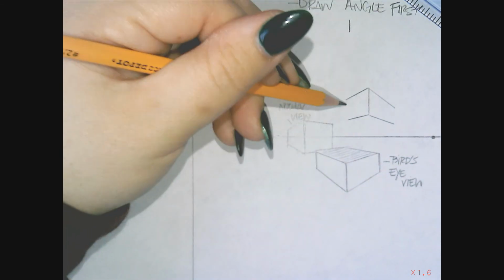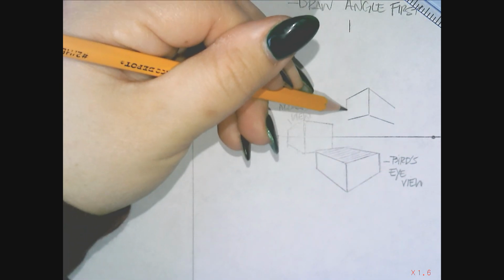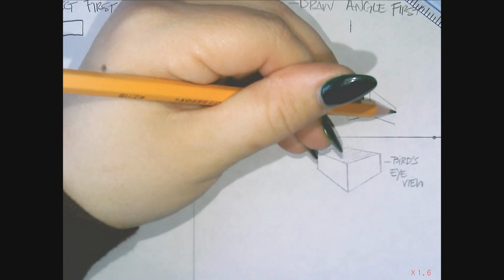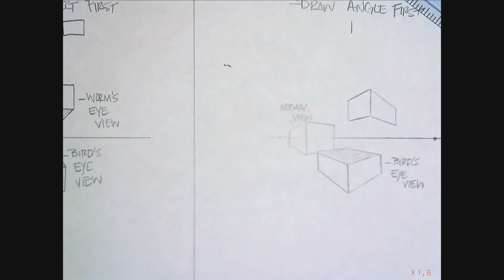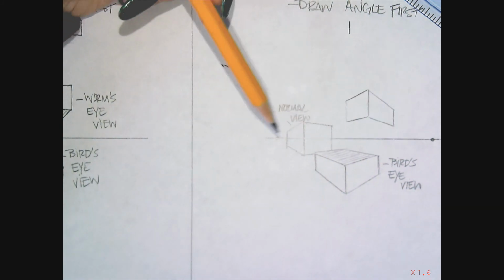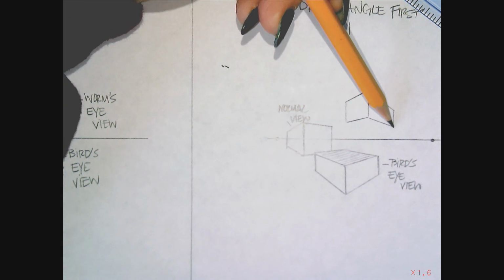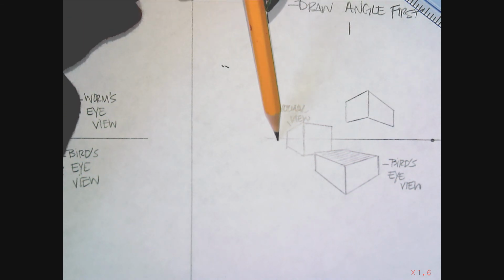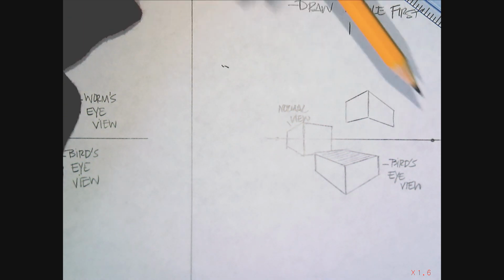Connect these down with a vertical line. And now to do the bottom, again, we want to use the opposite vanishing points. So this right-hand side is going to be using the left-hand vanishing point. The left-hand side will use the right-hand vanishing point.